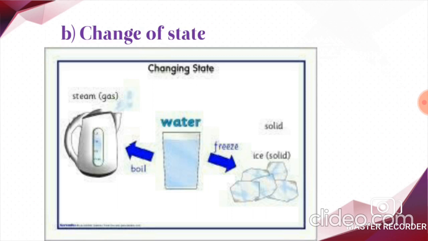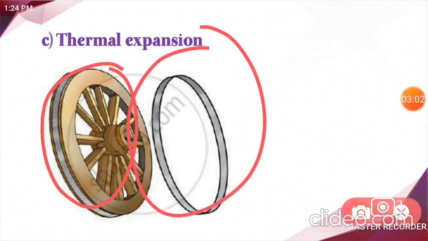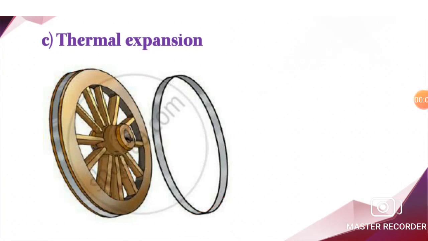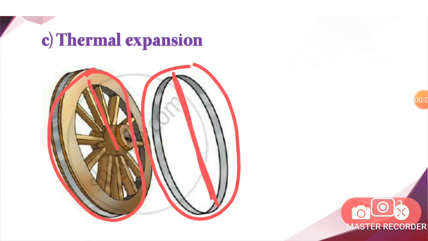Understood? And the next type of physical change is thermal expansion. Children, you know most matter, whether solid, liquid or gas, is known to expand on heating. Yes, it is true, they expand on heating, and this phenomenon is called thermal expansion. For example, the metal rim of a cartwheel, here you see this is a metal rim of a cartwheel, is designed with a slightly smaller diameter than the cartwheel.